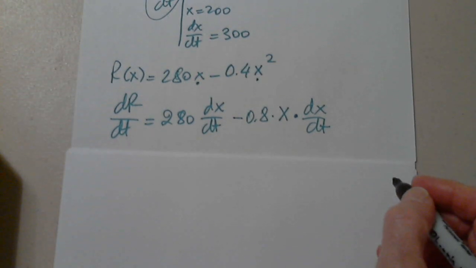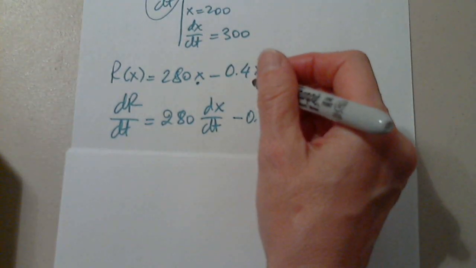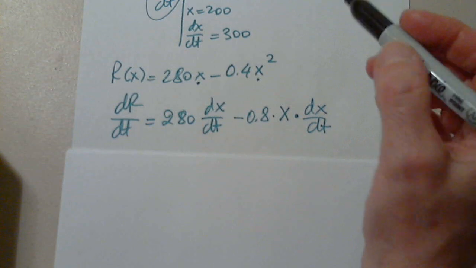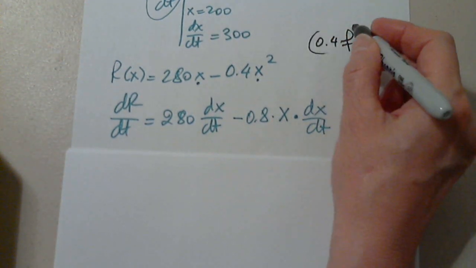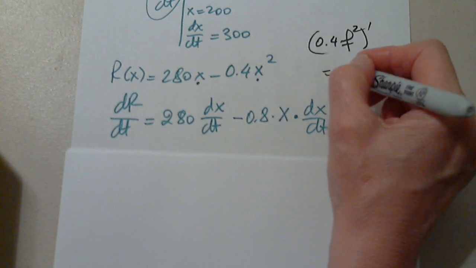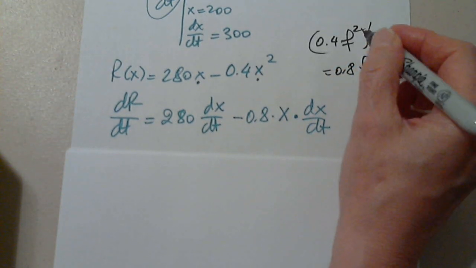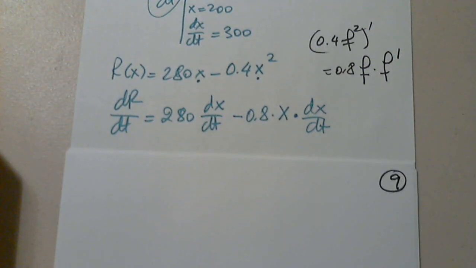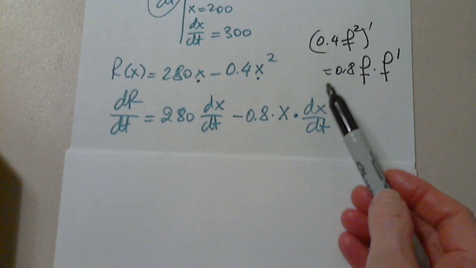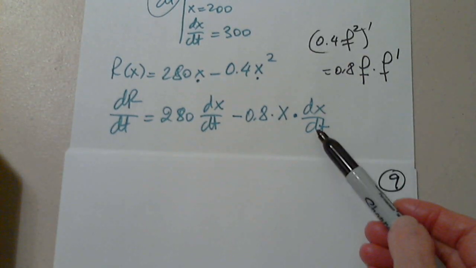All we did was just take the derivatives of the second one. So it's like 0.4 a function squared prime. I have 0.8 times the function to 2 minus 1 times the function prime, which is the chain rule. So it's 0.8 times the function prime.